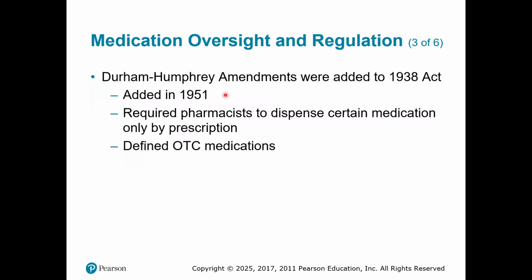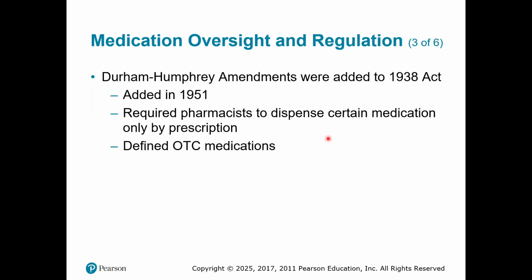The Durham-Humphrey amendments were added in 1938 and again in 1951 that require pharmacists to dispense certain medications only by prescriptions. Yeah, so back in the day, you could go to the pharmacist and you could say, hey, I have a cough. Can I get the good stuff? And they would have some codeine cough syrup back there.